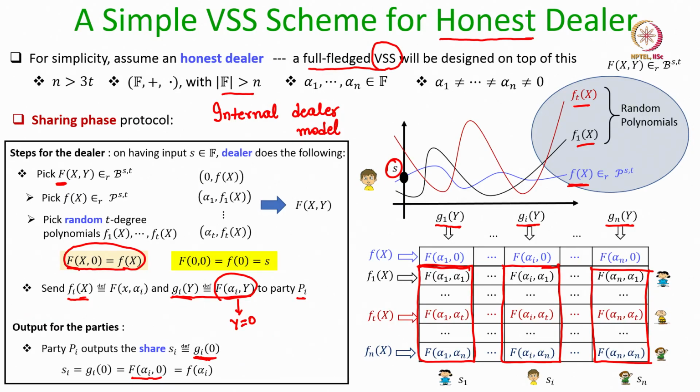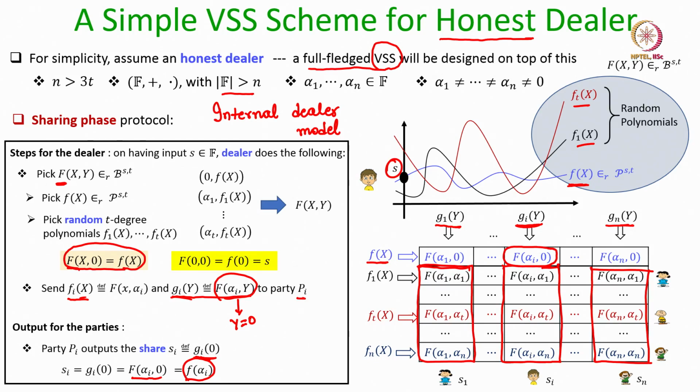So, that means even though the value f(alpha i) is not explicitly given by the dealer to the ith party, it is implicitly given in the form of this polynomial gi(y). As soon as the gi(y) polynomial is given to the ith party, it can evaluate that polynomial at y equal to 0, and that value, in blue color, is nothing but the f(x) polynomial evaluated at alpha i.